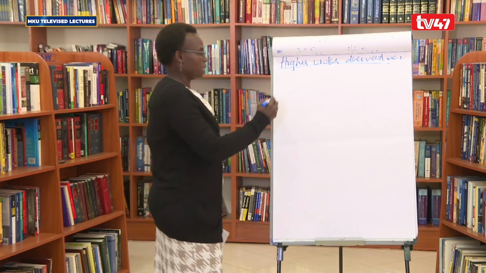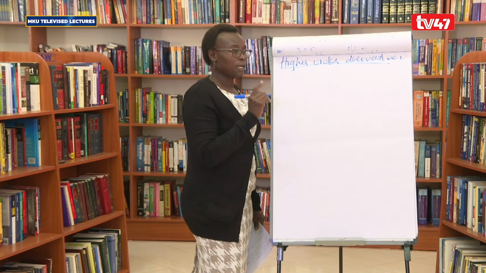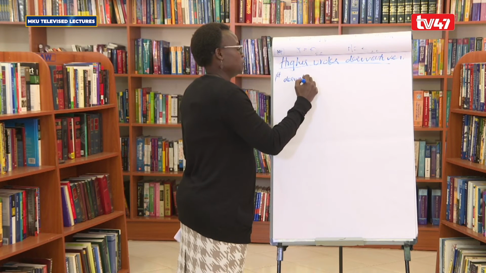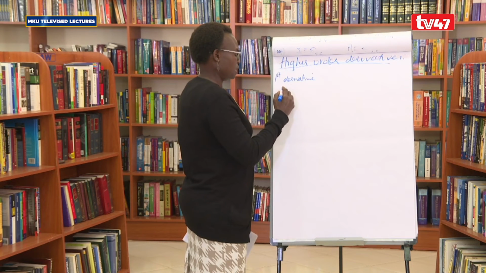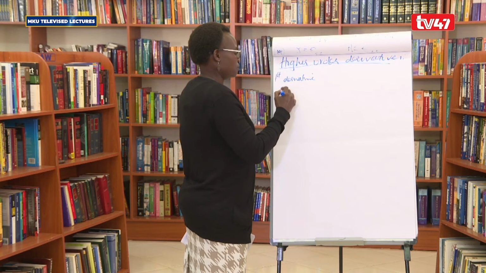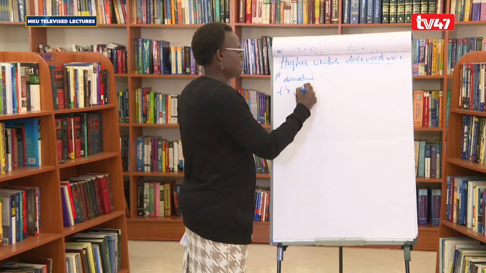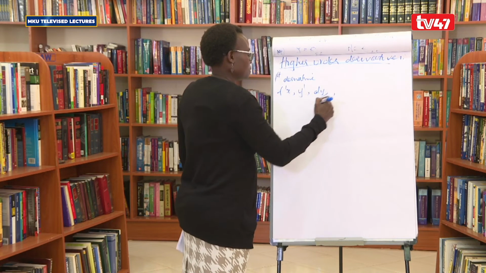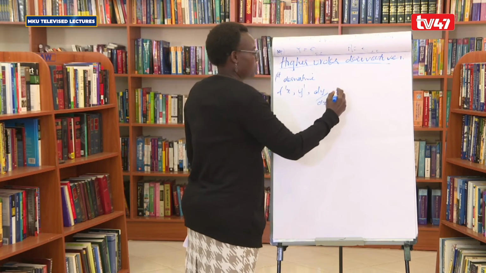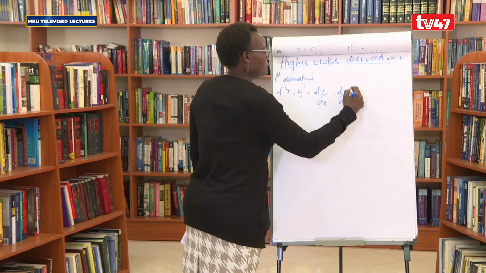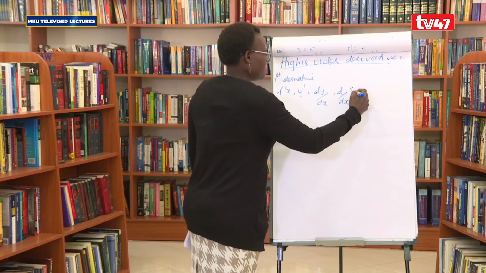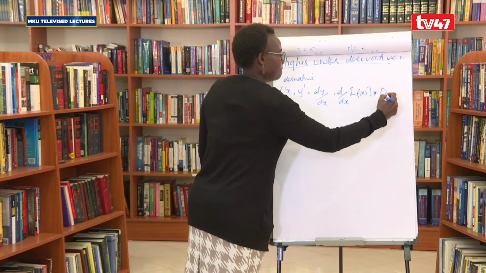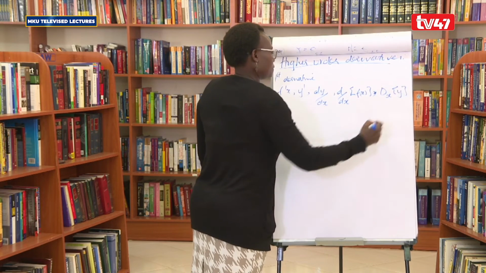So it would be prudent to start from the notations. For the first derivative, the notations we use are f bar of x, y bar, dy over dx, d over dx of f of x, and d over dx of y.